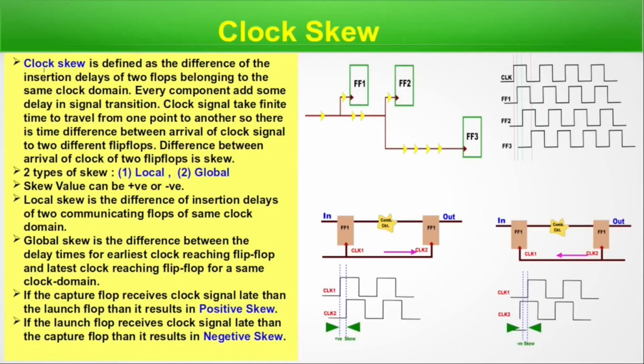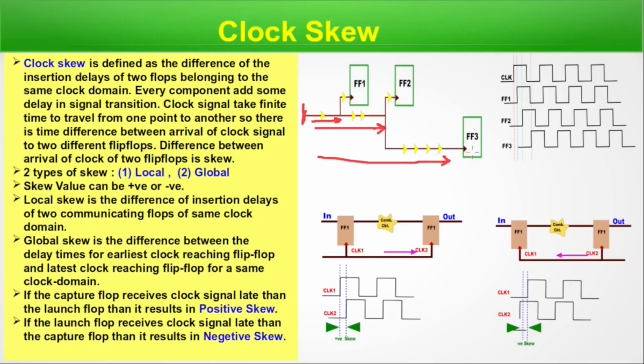Clock skew is defined as the difference of insertion delays of two clocks belonging to the same clock domain. There are two flip-flops, same clock domain. When the clock is coming from the clock source, there is a difference. In this simple representation, if the clock source is this side, we can easily see that this path is shorter, this is moderate, and this is the longest.